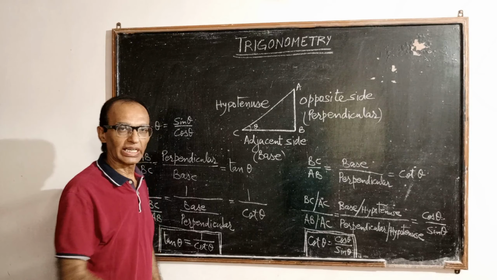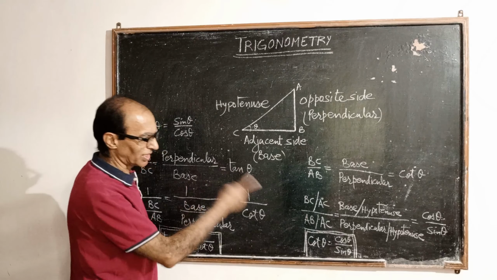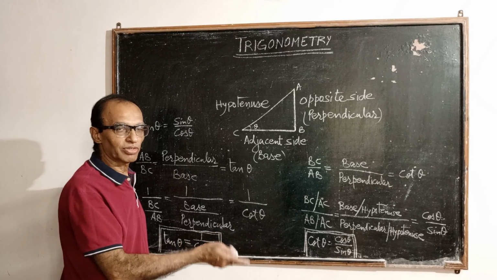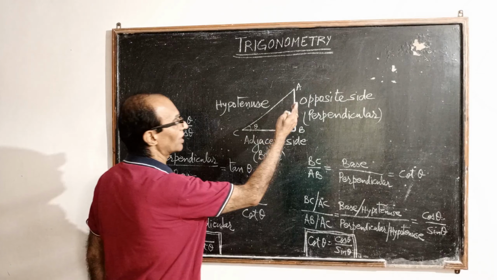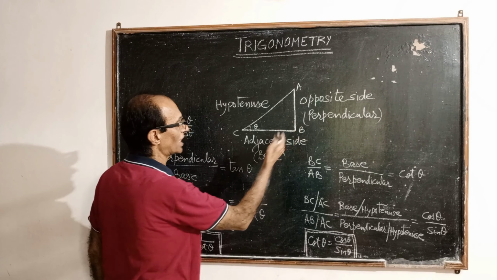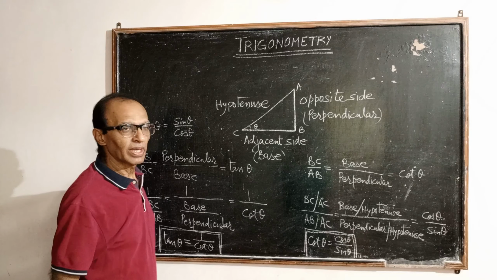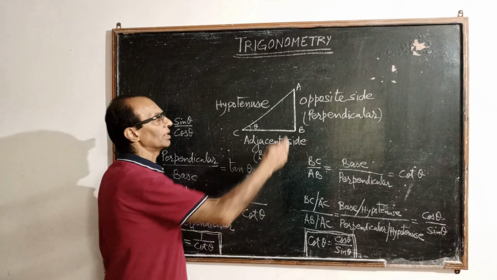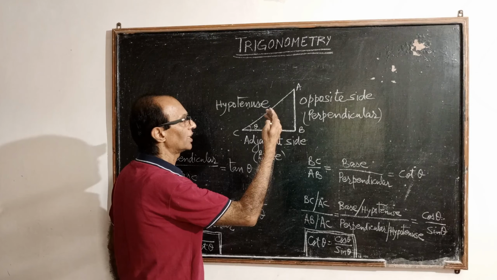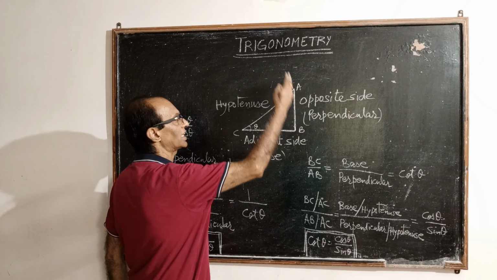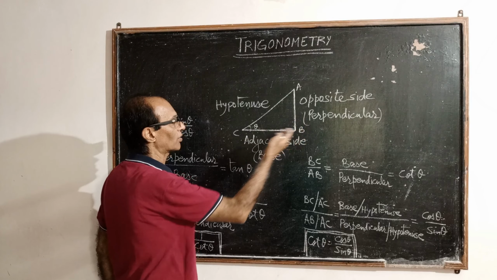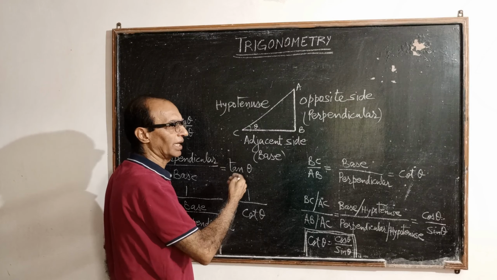Hopefully it is all clear that whatever relationships are there between these trigonometric ratios and the three sides of the triangle, mind it that we are not going to have any impact of the size of the perpendicular and the base.